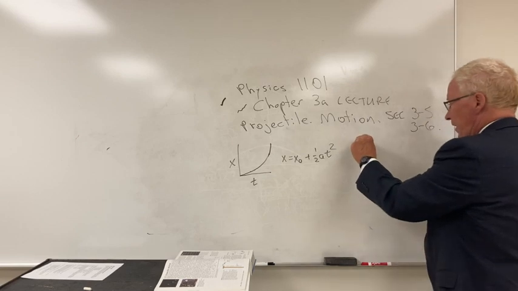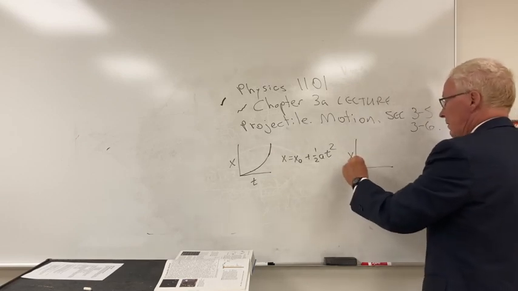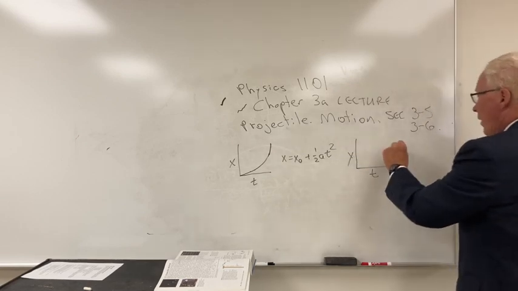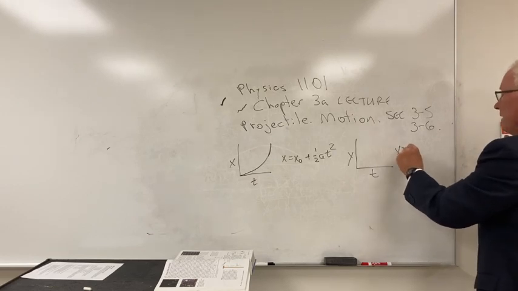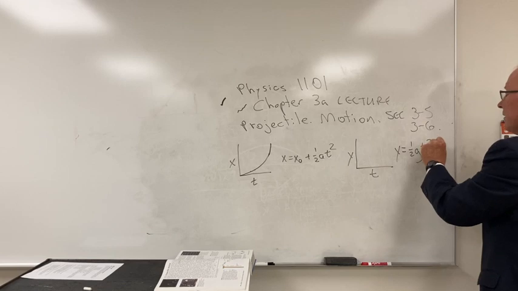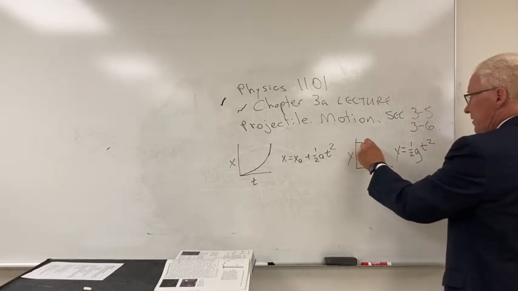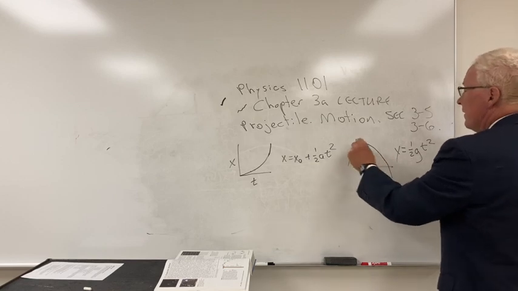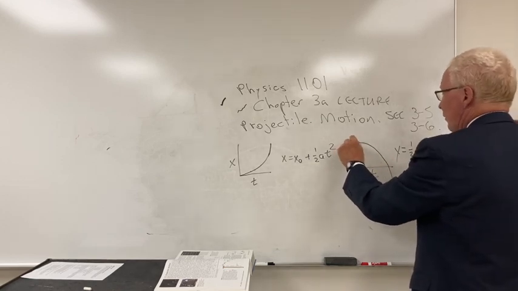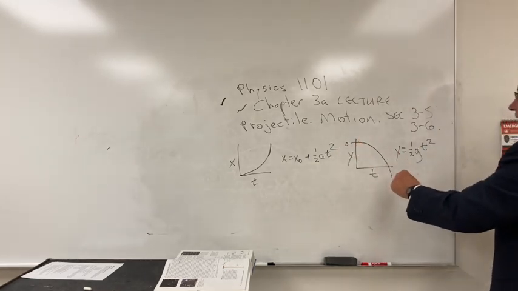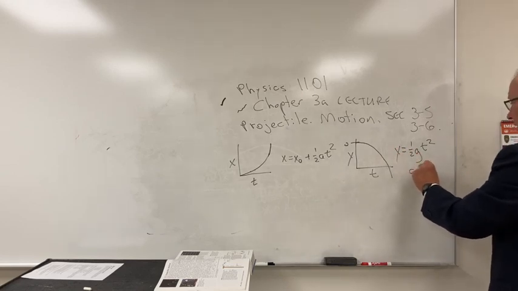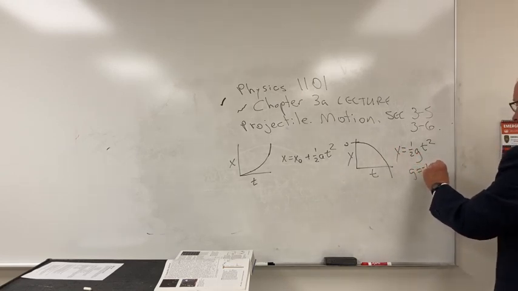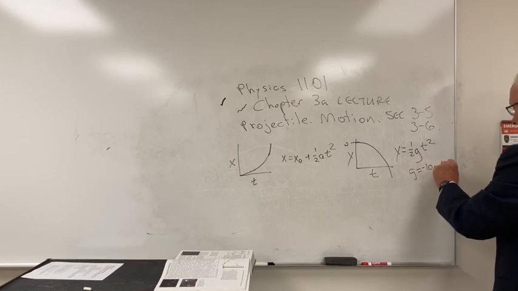Similarly, when we have an object in free fall, where y is 1/2 g t squared, it starts off at 0 and becomes more and more negative because g is approximately minus 10 meters per second squared.